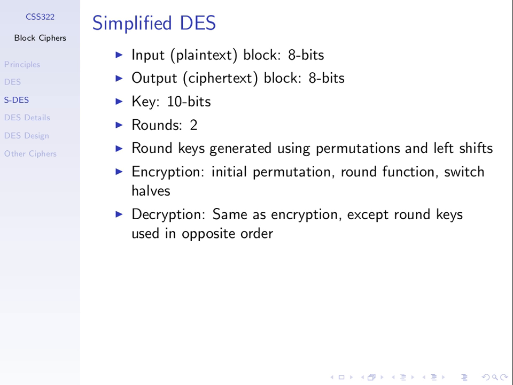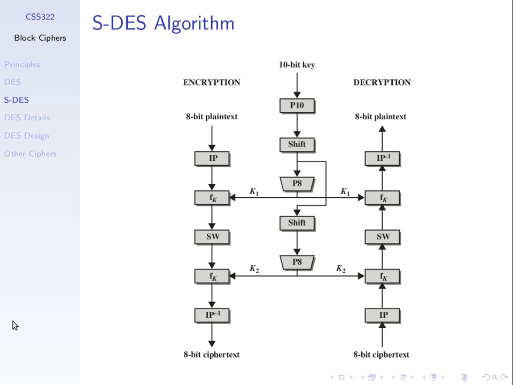And that's the only difference between encryption and decryption, the way that round keys are used. And those steps are summarised in this algorithm here. Encryption steps, decryption steps, round key generation steps.